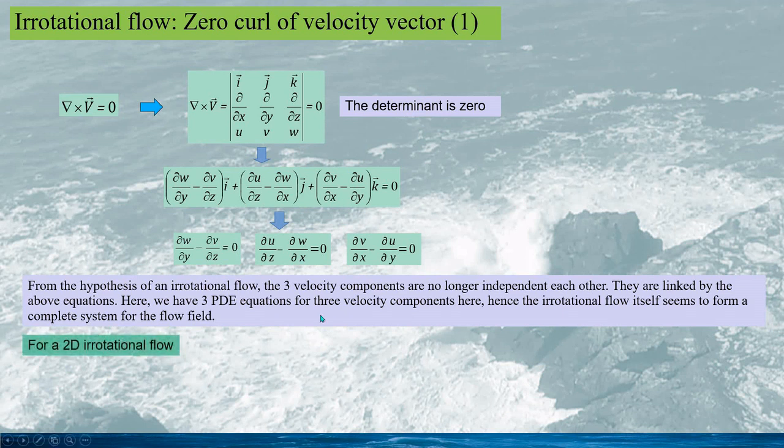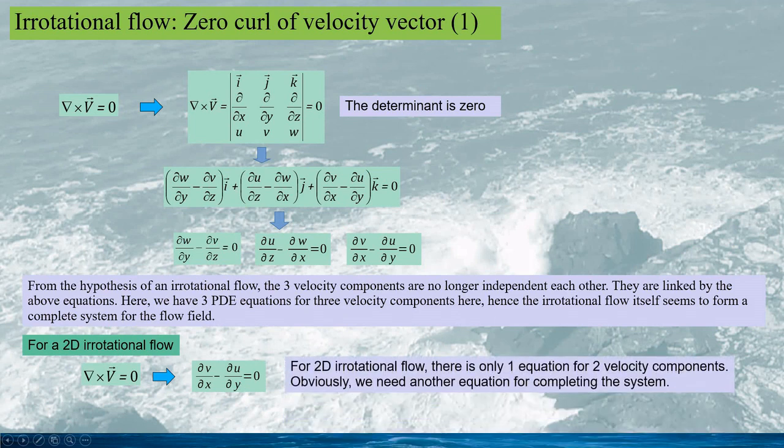and it seems we can solve the flow field using these three partial differential equations. However, if we look at the 2D irrotational flow, from the zero curl of the velocity vector, we can only get one partial differential equation like this. So for 2D irrotational flow, there is only one equation for two velocity components. Obviously, we need another equation to complete the system.